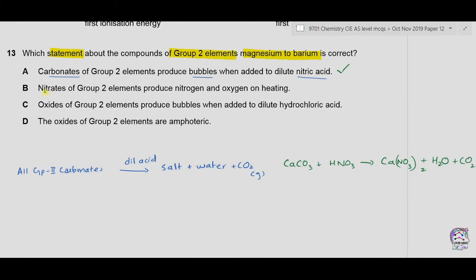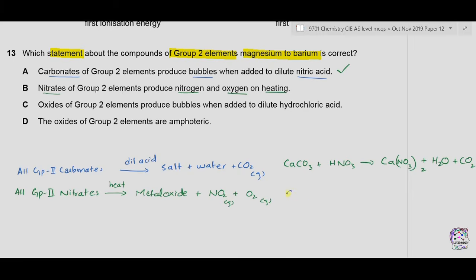In B, it says nitrates of group 2 elements produce nitrogen and oxygen on heating. As we know that all group 2 nitrates in the presence of heat they decompose and form metal oxide along with nitrogen dioxide and oxygen gas.